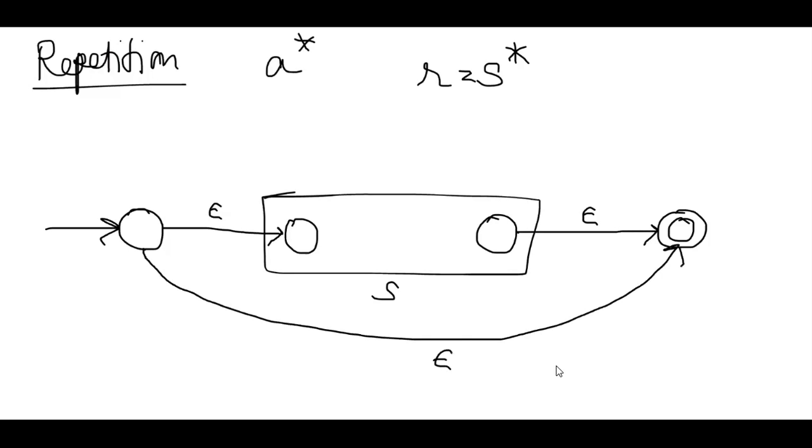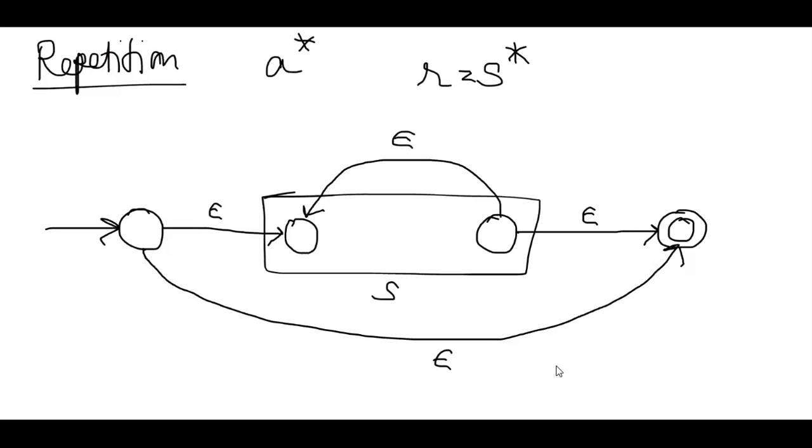And this is not the end, because we may have to repeat S at least one more time. So from the final state of S to the start state of S, we will have an epsilon transition. So this is about repetition.